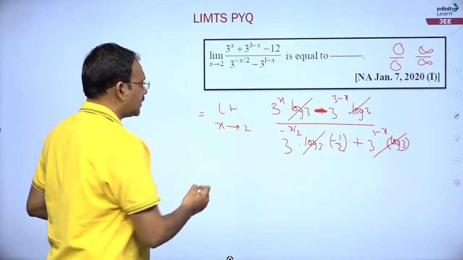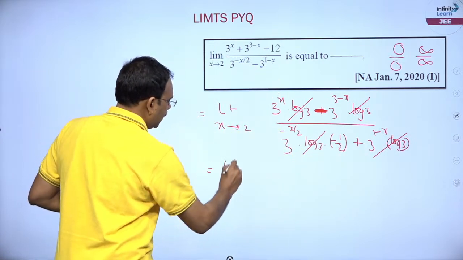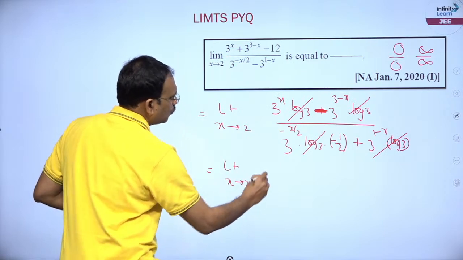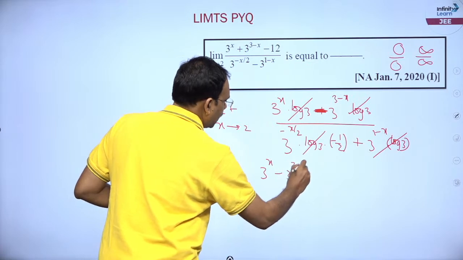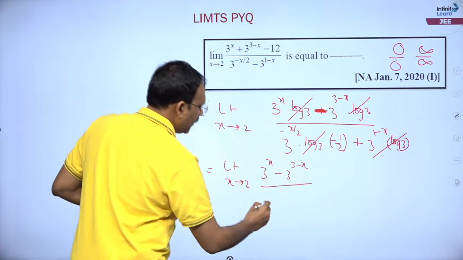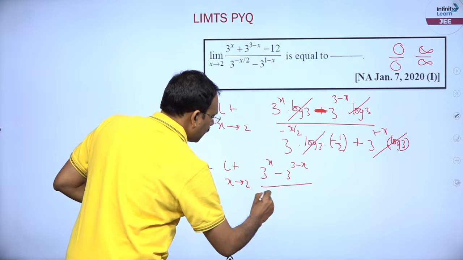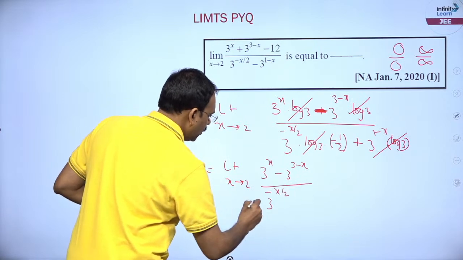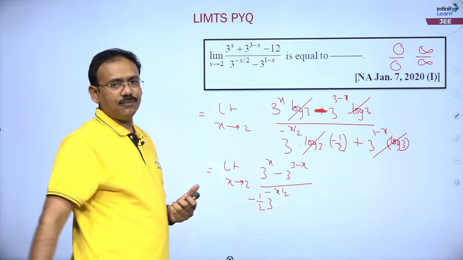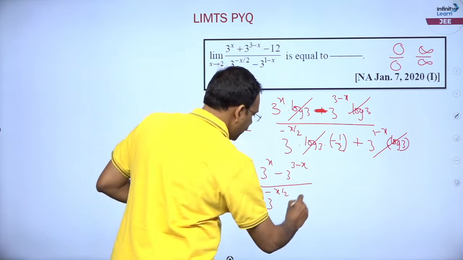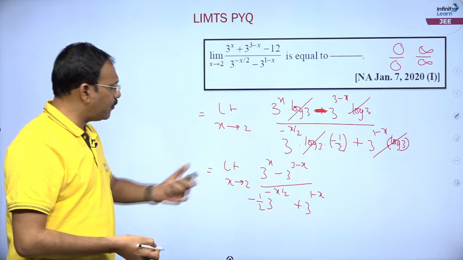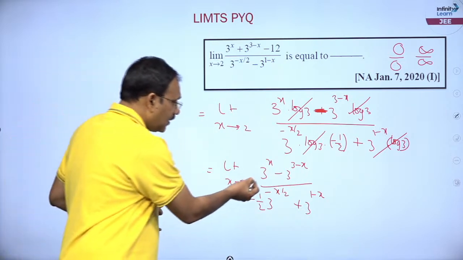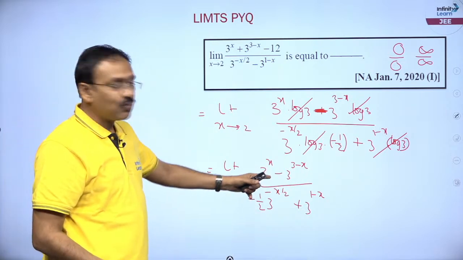Fine. In the next step, you can write it as limit x tends to 2, 3 power x minus 3 power 3 minus x by 3 power minus x by 2 into minus 1 by 2 plus 3 power 1 minus x. You simply put x is equal to 2, because here undoubtedly you are not going to get 0.